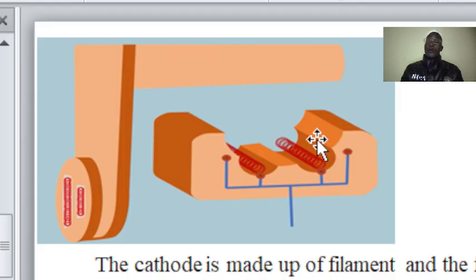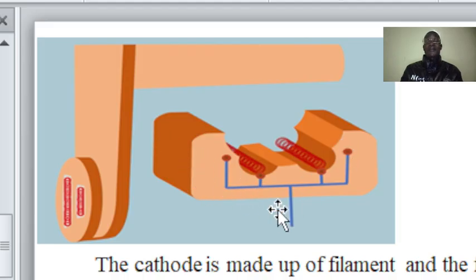Now, when we come to the focusing cup, it is also made up of a material that can be highly negative. That material must also have a high atomic number, and the fact that it has a high atomic number does not make it a good thermionic emitter.